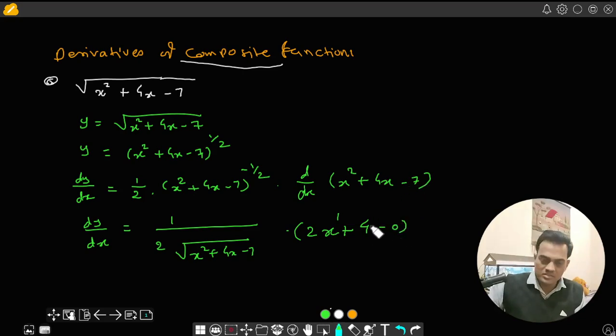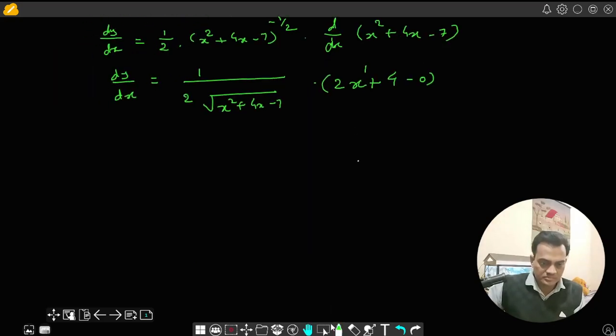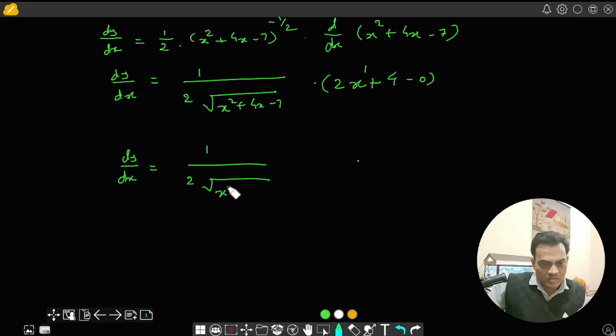Okay, so if you solve this, then you may come to dy by dx equal to 1 upon 2 square root of x square plus 4x minus 7 into 2x plus 4.